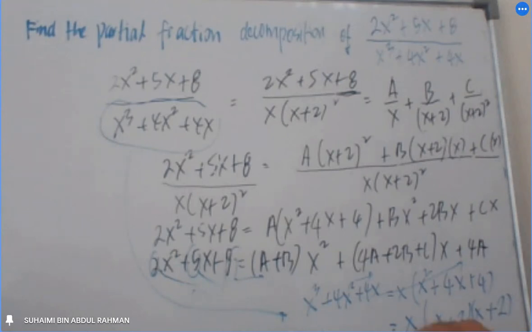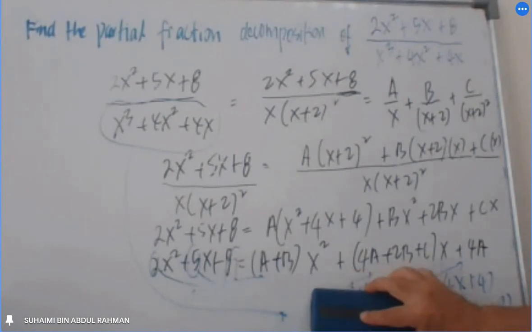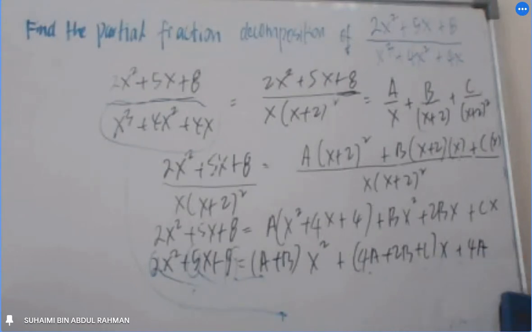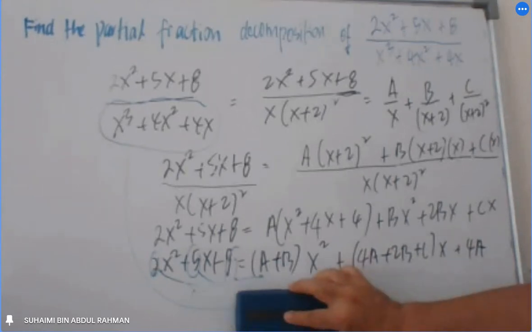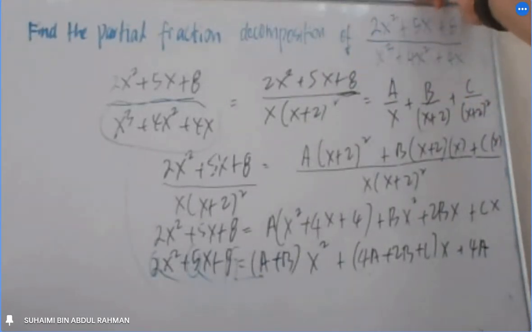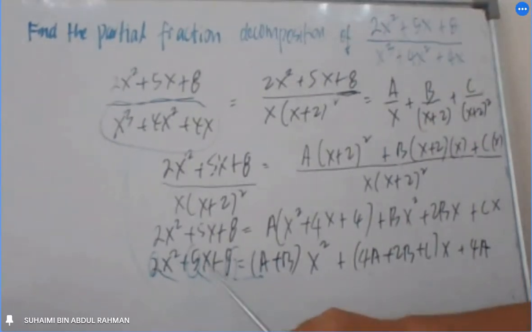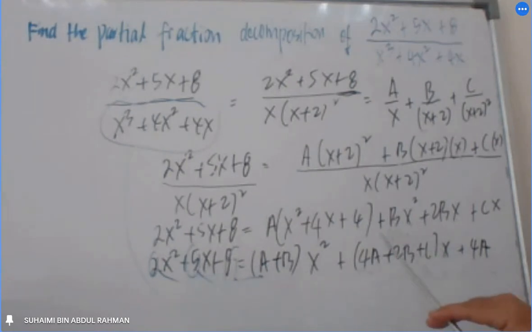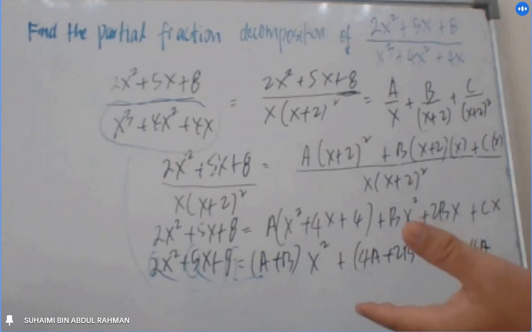And then we compare. 2 is equal to A plus B. 5 is for A plus 2B plus C. And 8 is for A. We use the method of comparison.